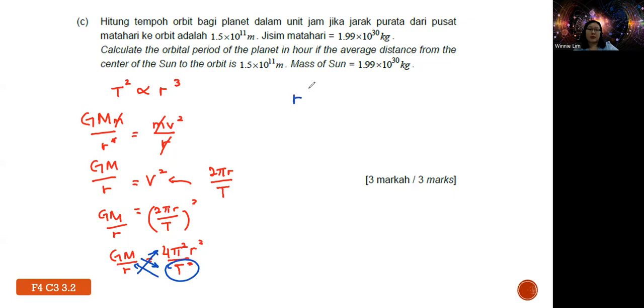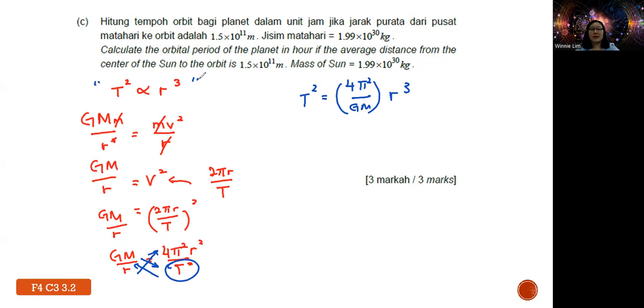Hence, you will have this relationship r cube, you will have t square equals to 4 pi square over GM, this whole thing bracket, then you have r cube, whereby this 4 pi square over GM is actually a constant. And this is where they tell you the relationship of Kepler's law.